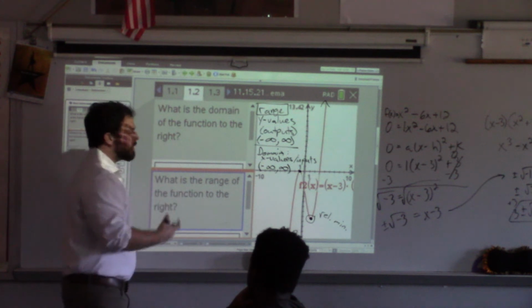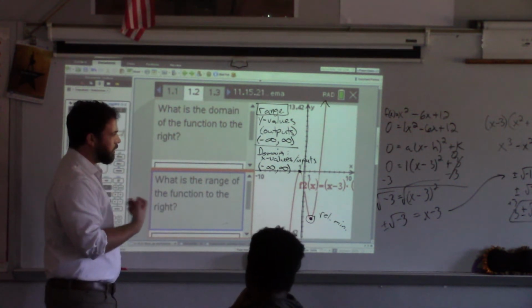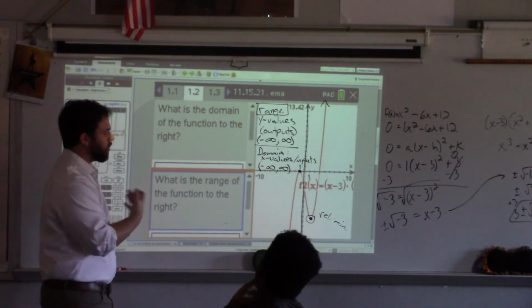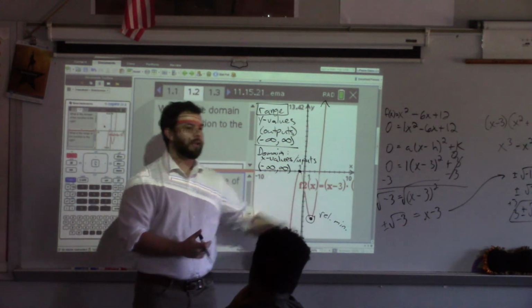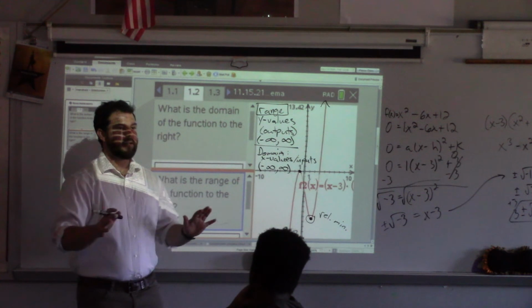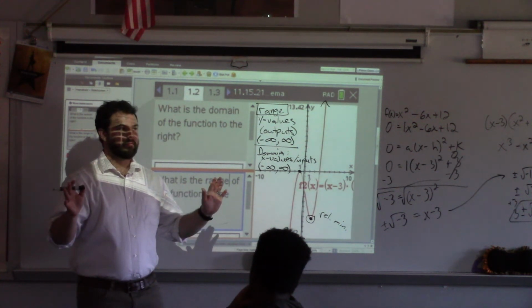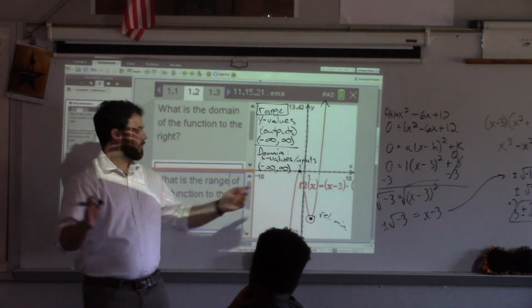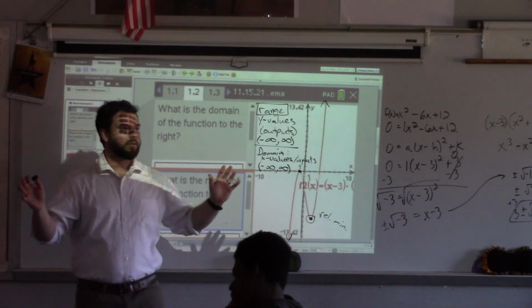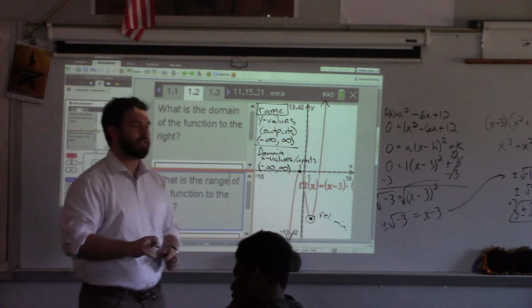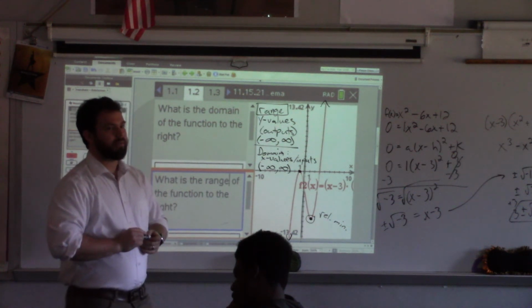And a quick thing to notice about this is, because the domain is the x values, which is the inputs, is there anything I cannot plug in for x? Can anyone name a number I can't plug in? No? So negative infinity to infinity. Every number that exists I can substitute in for x. That's an easy way to recognize that the domain is negative infinity to infinity.